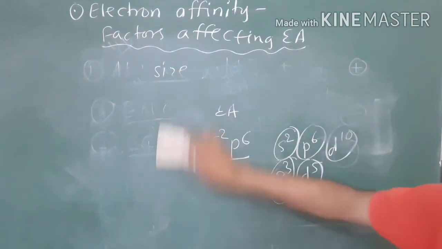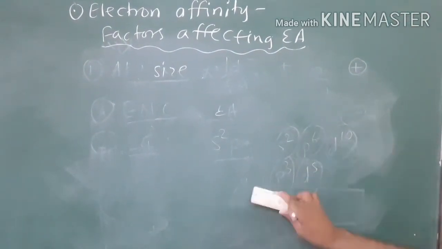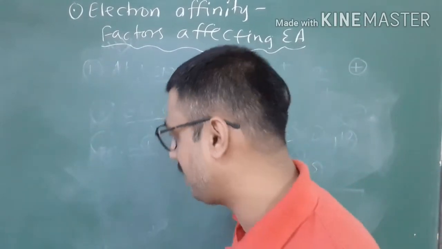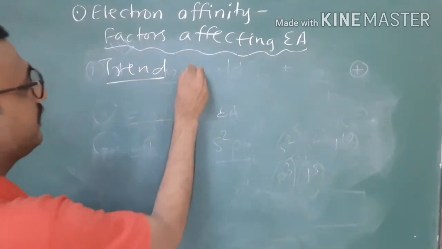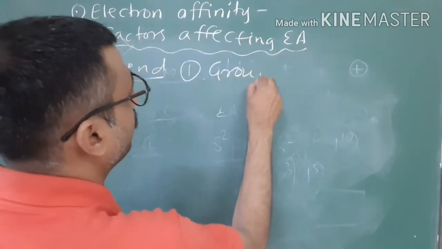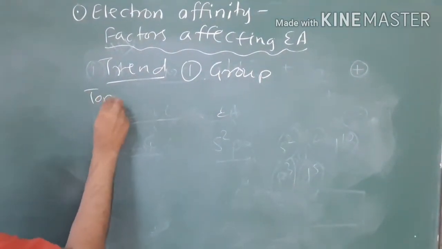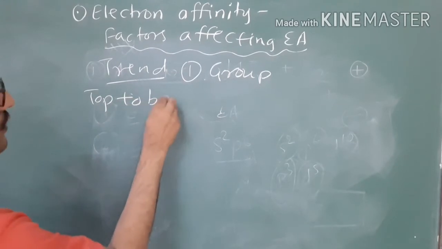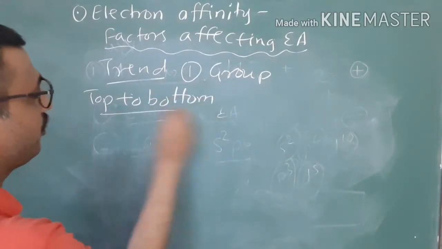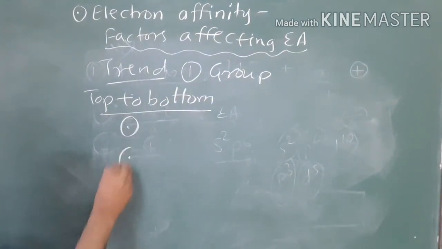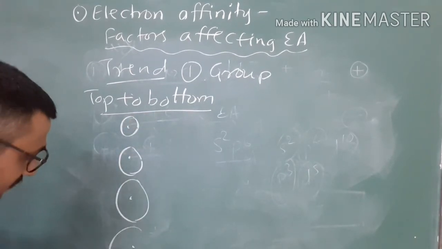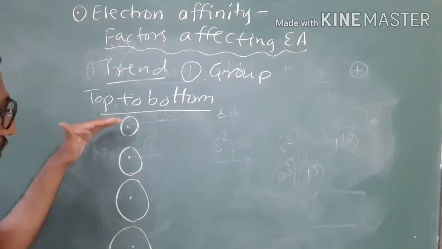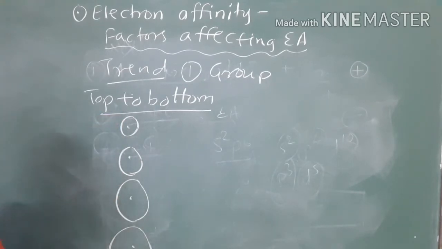The next part is the trend in electron affinity. We know about the trend. First thing is, as we move in a group from top to bottom, what happens? Top to bottom, atomic size increases. So we know lithium, sodium, potassium, rubidium, cesium, francium, or you may take the example of fluorine, chlorine, bromine, iodine, astatine, whatever it may be.